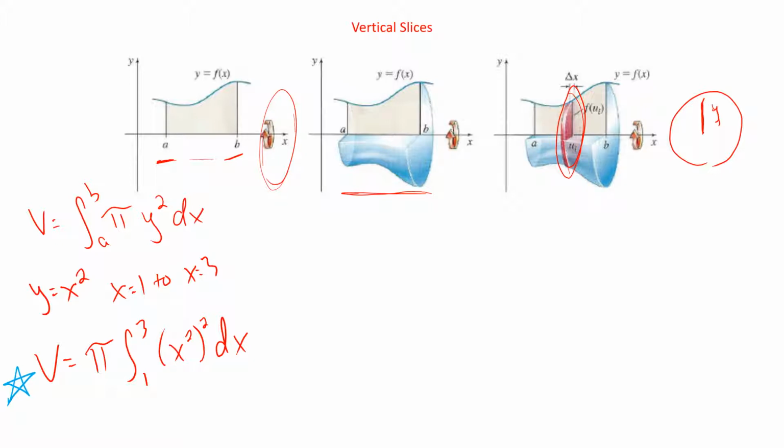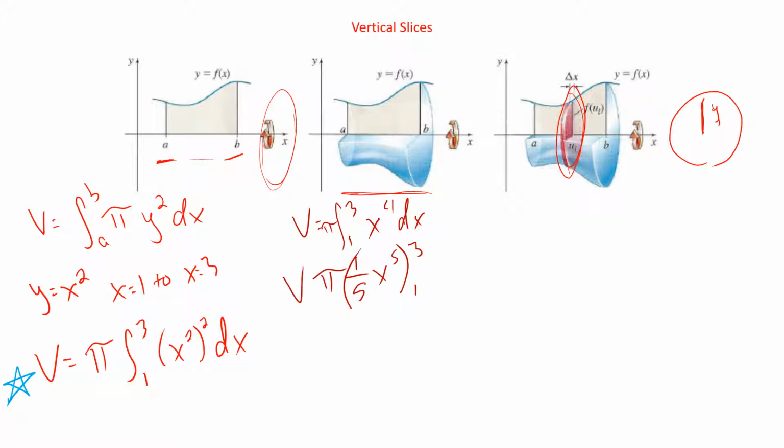So to do this, we have the volume, it's pi from 1 to 3 of x to the 4th dx. Well, to integrate that, we're just going to go up 1, so 5, and divide by the new exponent. So that'll be 1/5 x to the 5th from 1 to 3.